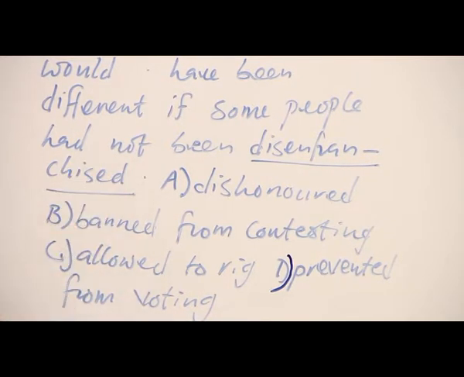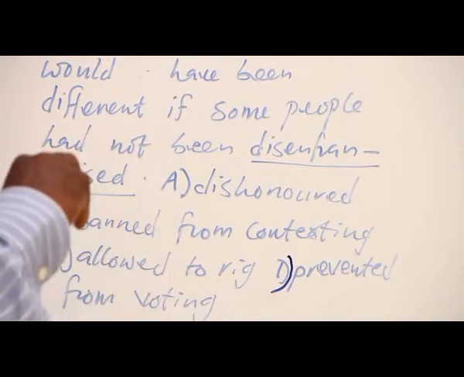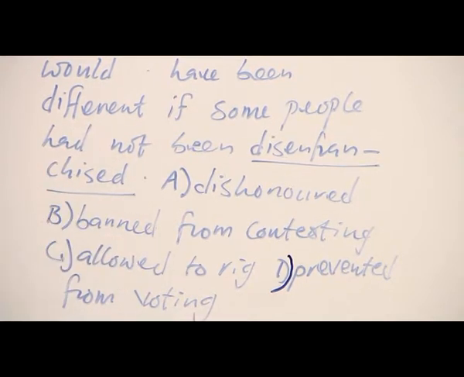Now, the meaning of disenfranchise. To disenfranchise is to make somebody not eligible to vote. It can be within the constitution of the place. Before now, in some places women didn't vote, slaves didn't vote, and things like that. Those people were disenfranchised.